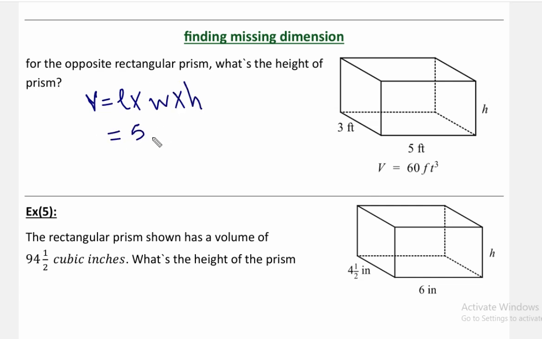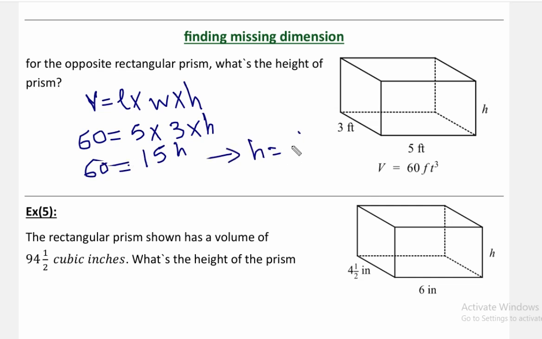Length is 5, width is 3, height is h, unknown, volume is 60. Then you have 15h equals 60. Then h equals 60 divided by 15, which is 4 feet.